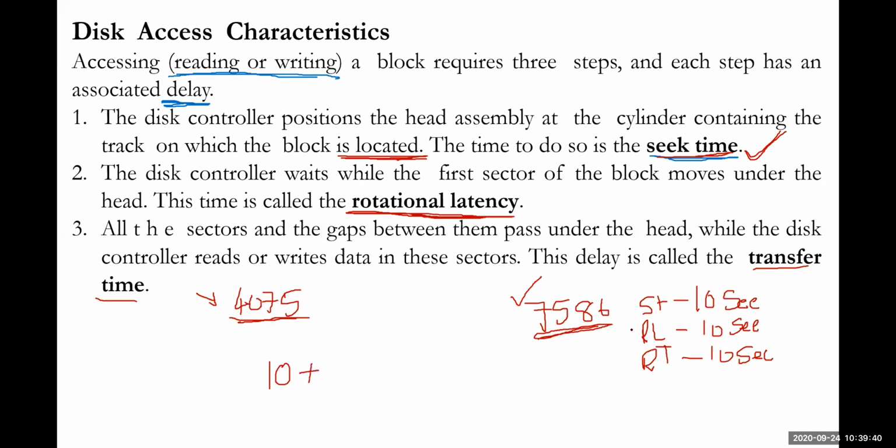After identifying, the disk will be rotated at a faster rate, and the address will be reached by the head at 10 seconds plus. After reaching that place, it reads out the 4096 bytes. To read and transfer the 4096 bytes takes again 10 seconds. So totally it will take 30 seconds of time.